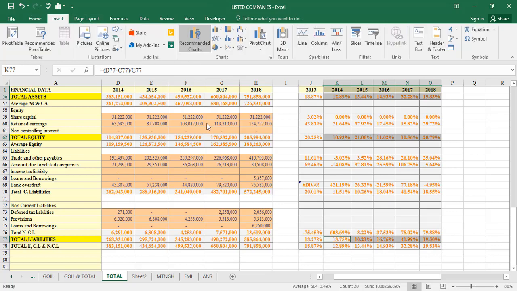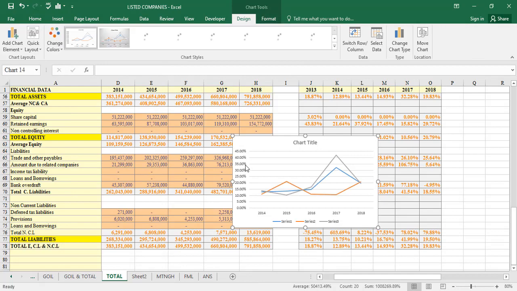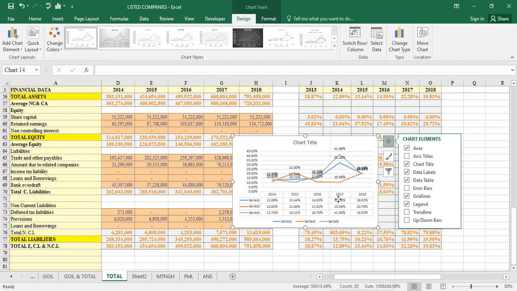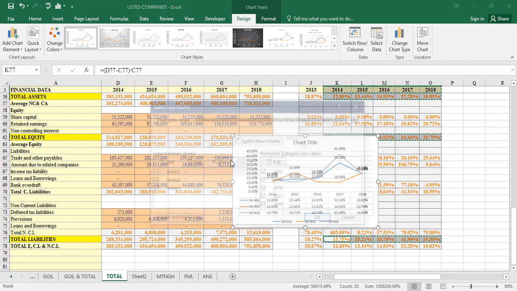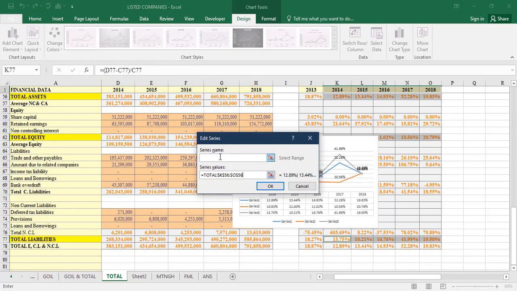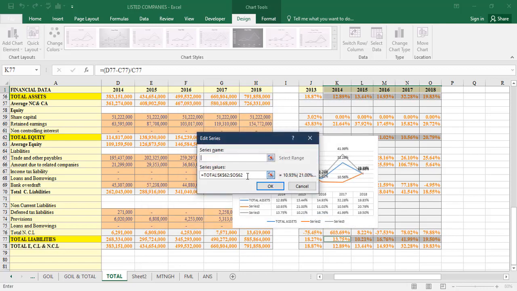So let's insert our chart. You go for this. Okay, so this has been how the company over the 5 years has been growing its statement of financial position, or assets, liabilities, and equity.